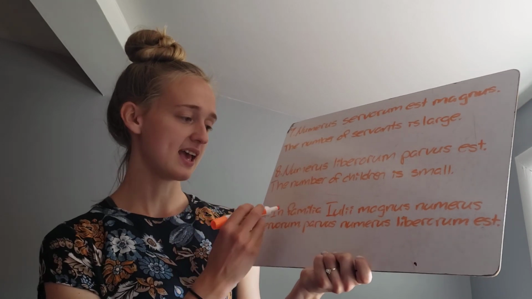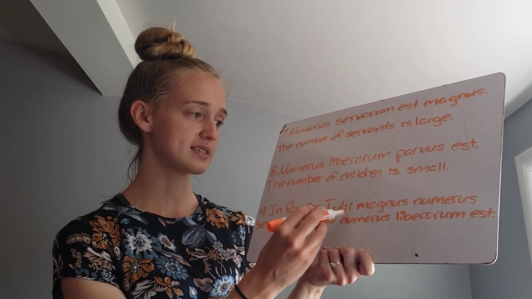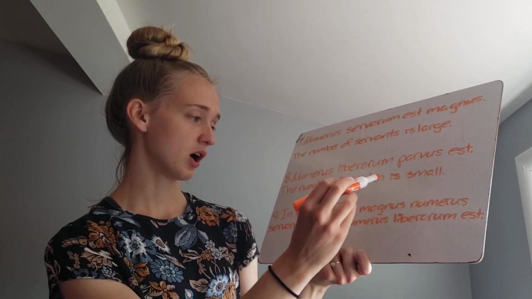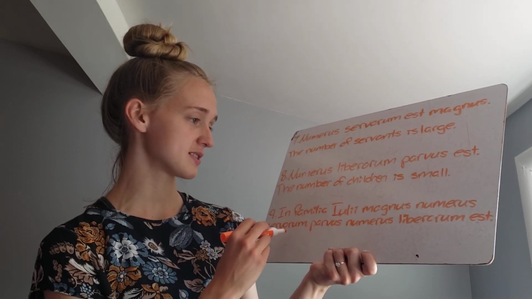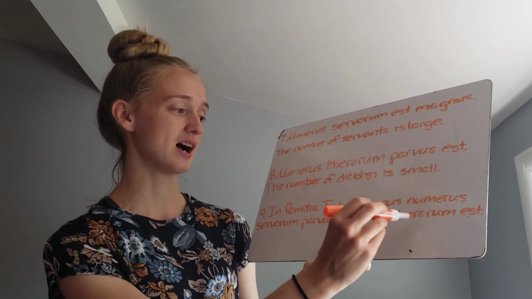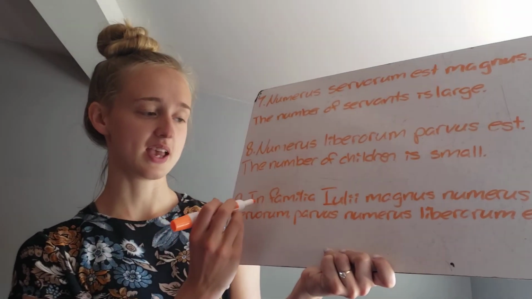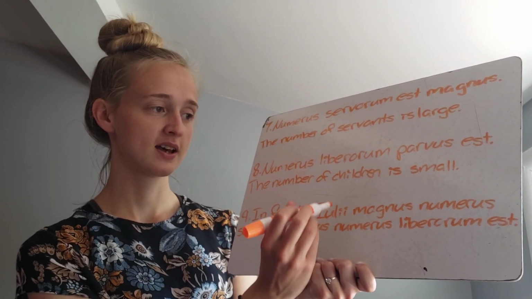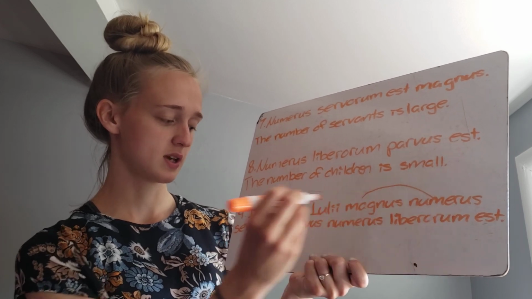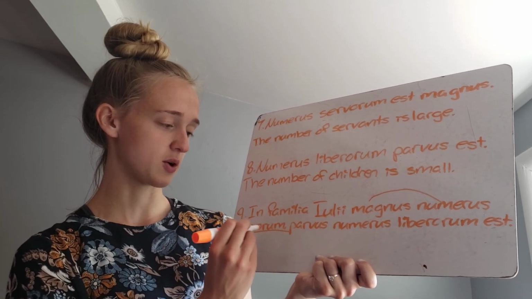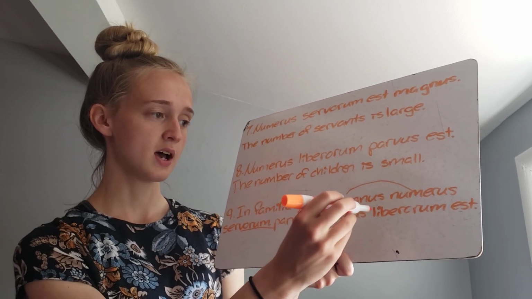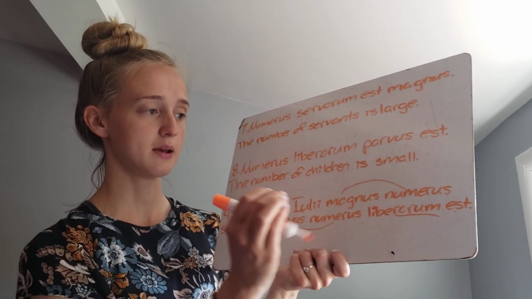It's saying in the family of Julius, there is a big number of servants, a small number of children. So you have in the family of Julius is a big number, magnus numerus, of servants, servorum, a small number, parvus numerus, of children, liberorum.